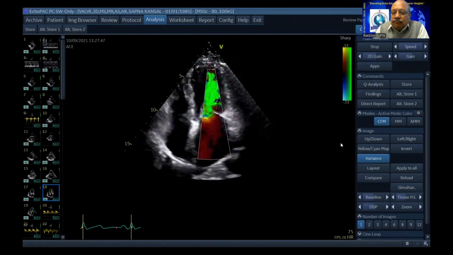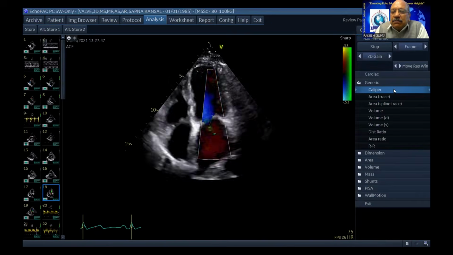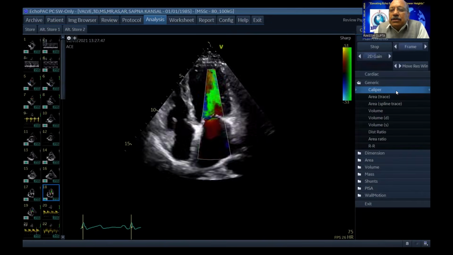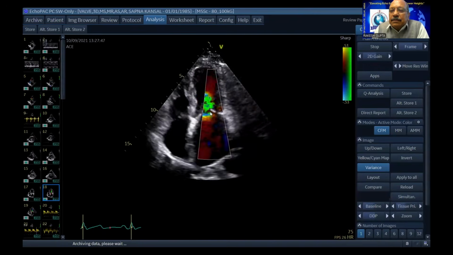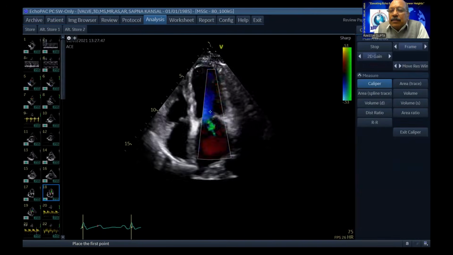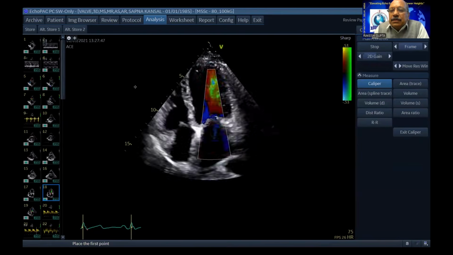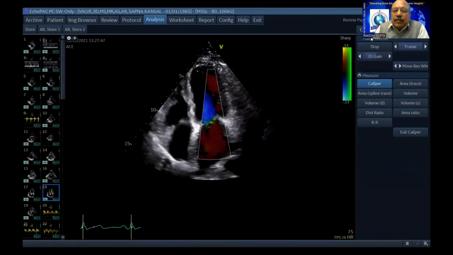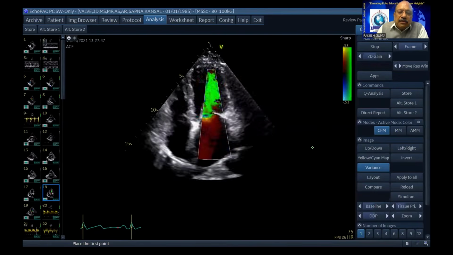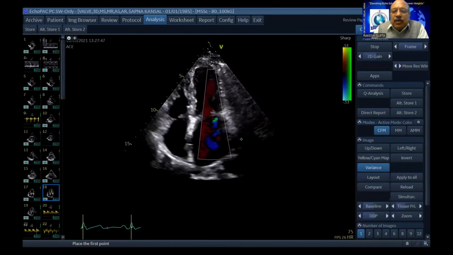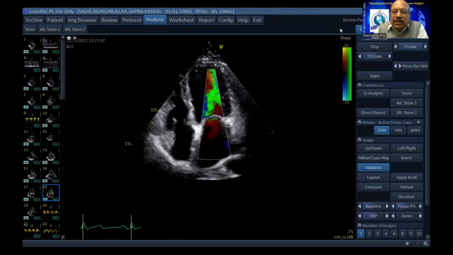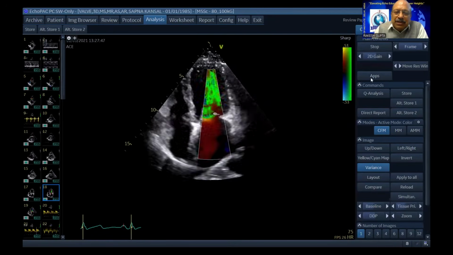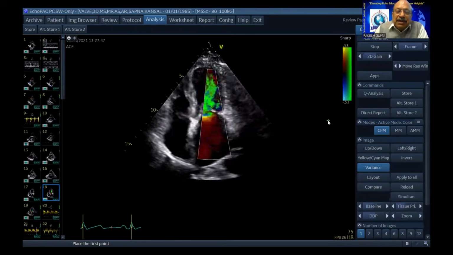I don't think I can do my Nyquist limit changes in this recording. So this is an inherent phenomenon of the machine itself. What I can say is, just remember this point, 50 to 60. When I do a live demonstration, ask me this question again. I'll show you how it makes a difference.